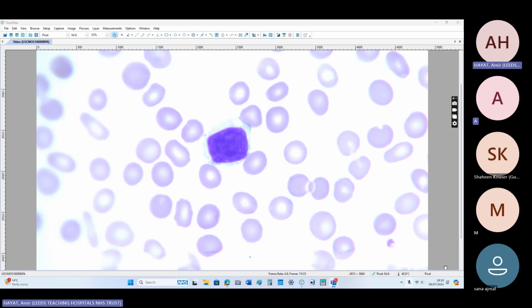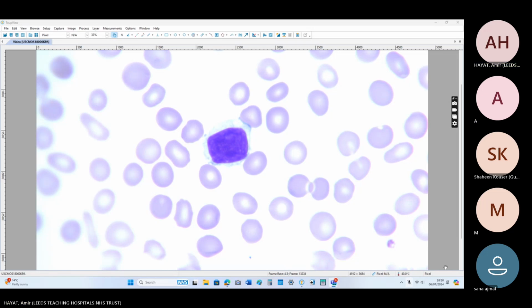Because there is lymphocytosis, is it pleomorphic or not? No. You mentioned there is a possibility of lymphoproliferative disease, and you requested flow cytometry as well.